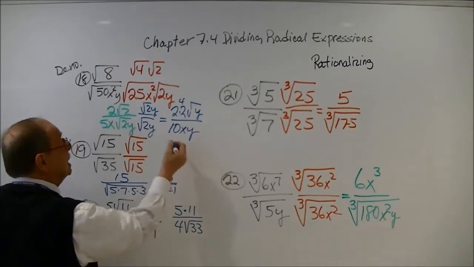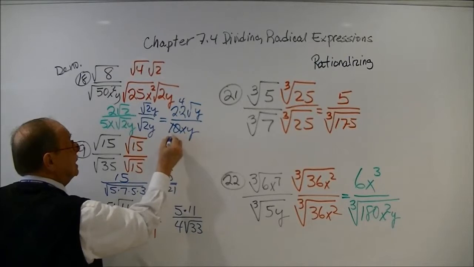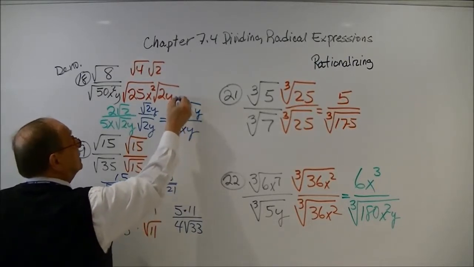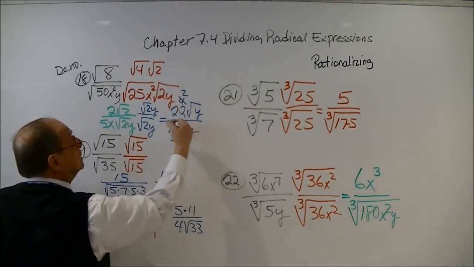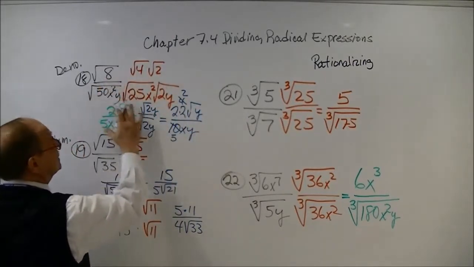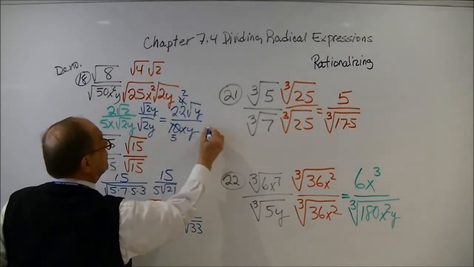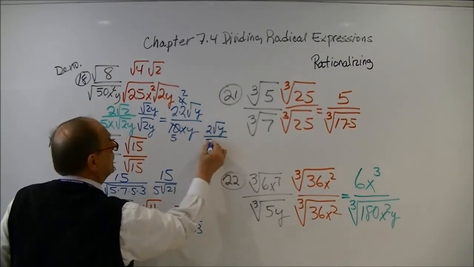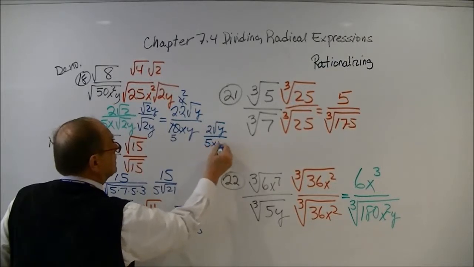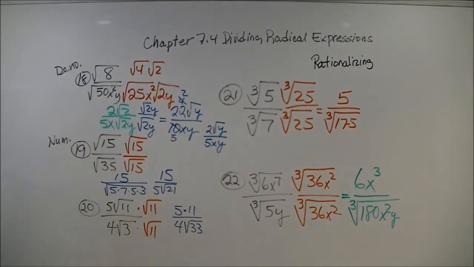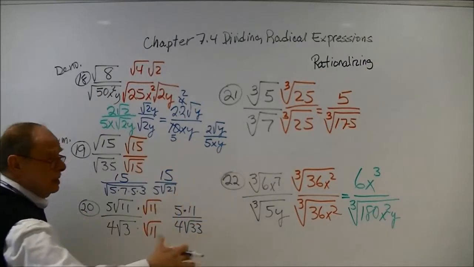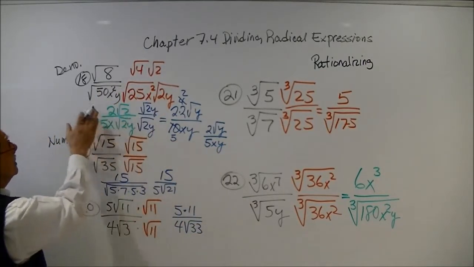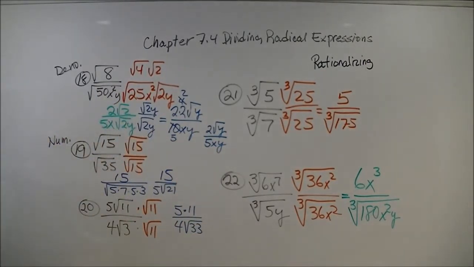Can you see, I can take a 2 out of the 10 and get 5, take a 2 out of the 4 and get 2, so my final answer for all of this one will be 2, the square root of y, over 5xy. And again, if I were going to try to write this and make it short, it takes a long time, but there's all the work. You can pause the tape, take a look at it, but there's a lot of stuff going on there.